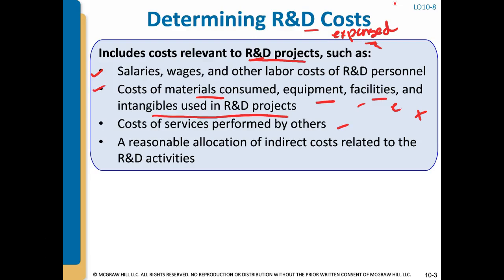Any cost of services performed by others. So if a company hires a consulting company to do some R&D on their behalf, those costs are considered to be R&D. And also a reasonable allocation of indirect costs related to R&D activities.